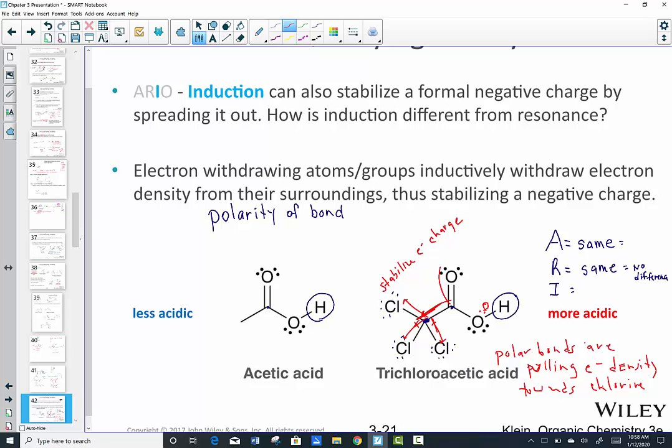Whereas the acetic acid with this boring little hydrogen tail here has no ability to stabilize negative charge. And therefore, because the A is the same for atom, R is the same for resonance, I look to see if there's an inductive effect. Are the highly electronegative elements present in the molecule, such as chlorine, to help stabilize negative charge? And that's certainly true with trichloroacetic acid. It is a more acidic proton than plain old acetic acid.